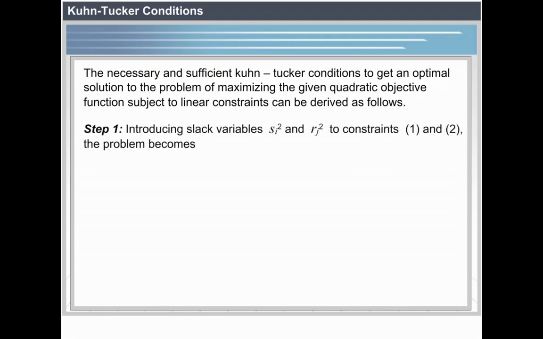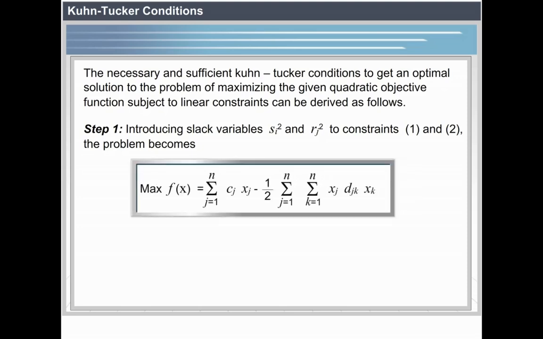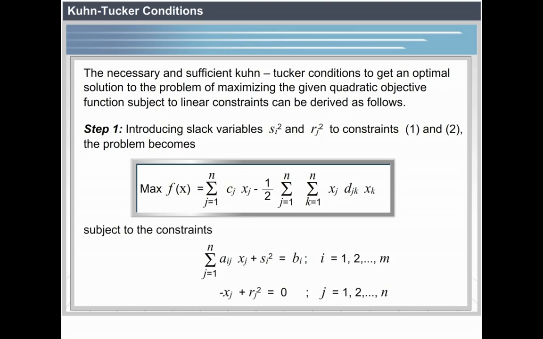Step 1: Introducing slack variables s_i² and r_j² to the constraints, the problem becomes: maximize f(x) = Σ_{j=1}^{n} c_j x_j − 1/2 Σ_{j=1}^{n} Σ_{k=1}^{n} x_j d_jk x_k, subject to the constraints Σ_{j=1}^{n} a_ij x_j + s_i² = b_i, i = 1 to m, and −x_j + r_j² = 0, j = 1 to n.